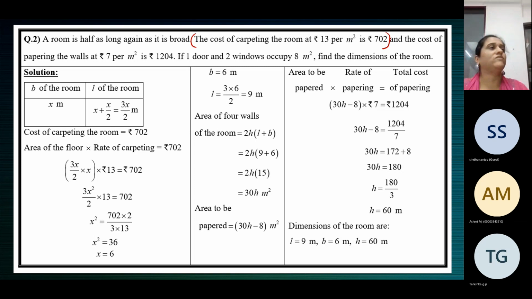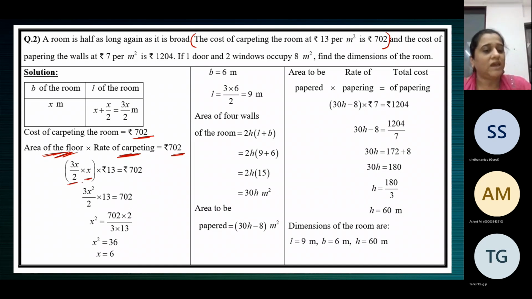Okay, so from this you can find something. The cost of carpeting is the area of the floor into the rate of carpeting, because the area of the carpet is the area of the floor. So the area of the floor into the rate of carpeting is 702. How do you find the area of the floor? L into B.